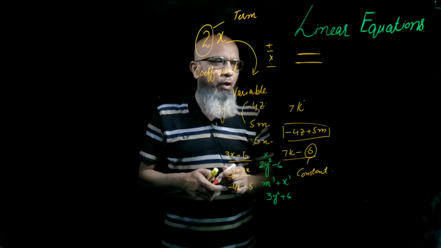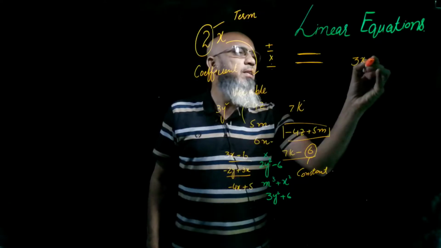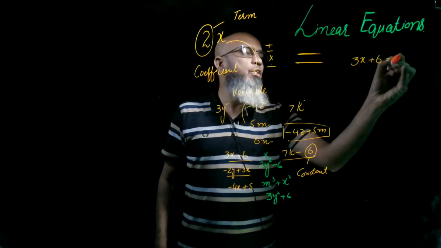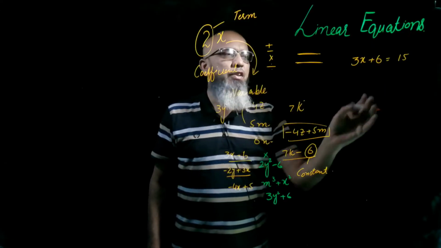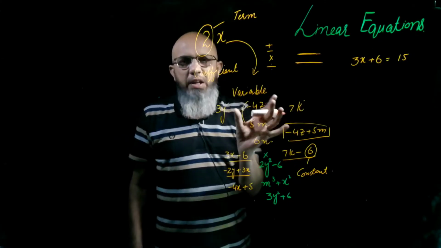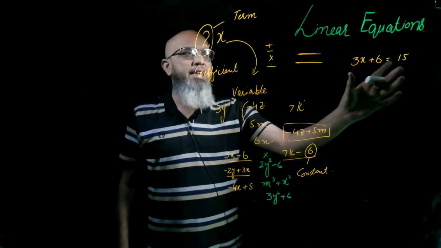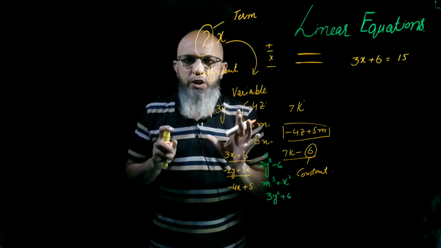So I write an example of a linear equation like this: 3x plus 6 is equal to 15. That is a linear equation, consisting of a linear expression including the sign of equality.